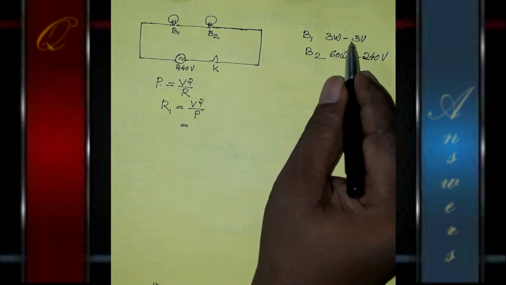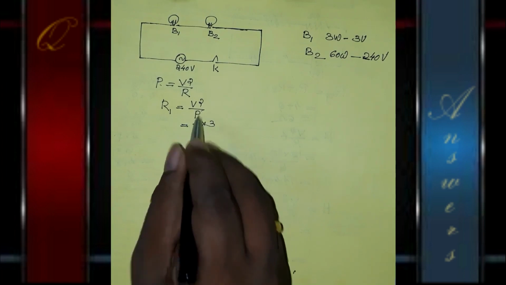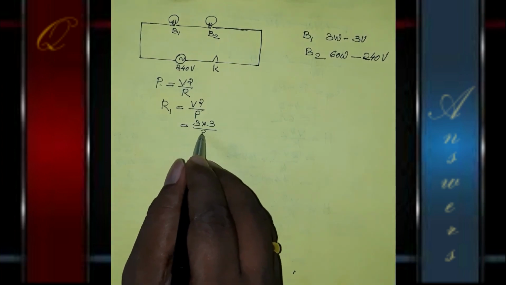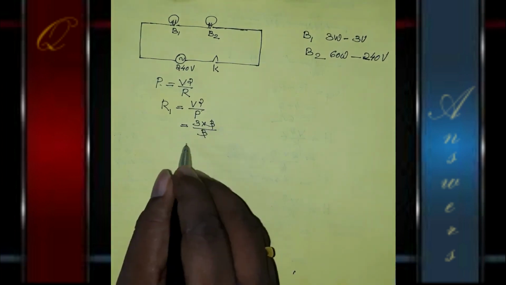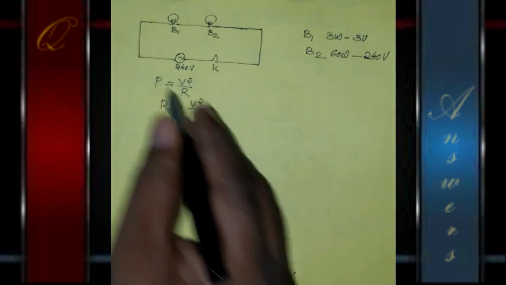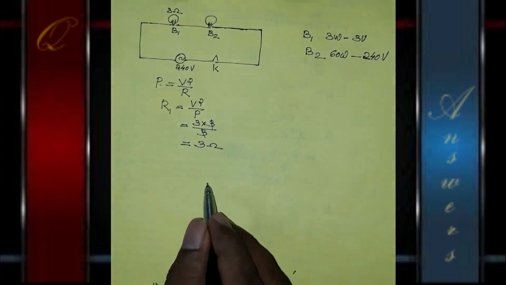V for the first bulb is 3 volt. So 3 into 3, V squared by P. What is P? P is 3 watt. 3 cancels, so you get 3 ohm. So 3 ohm is the resistance of this bulb.